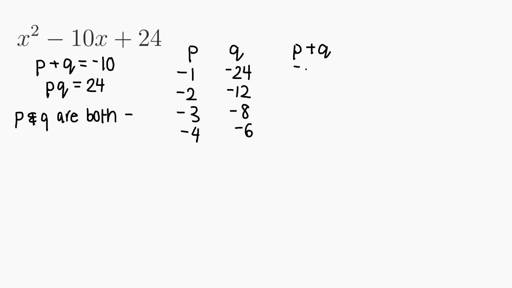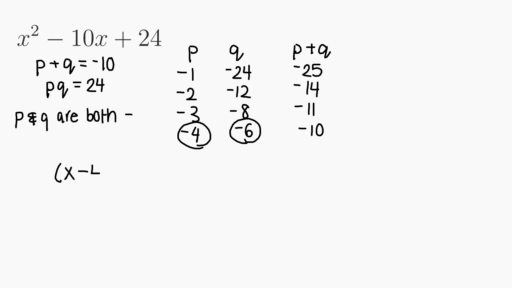We have negative 25, negative 14, negative 11, and negative 10. So we know negative 4 and negative 6 is our pair. The answer is x minus 4 times x minus 6, and that's our factored version. If you multiply out to check it, you'll get x squared minus 10x plus 24.